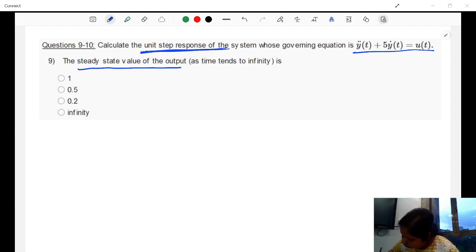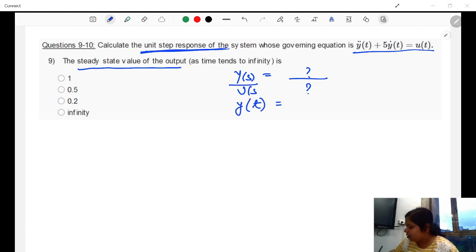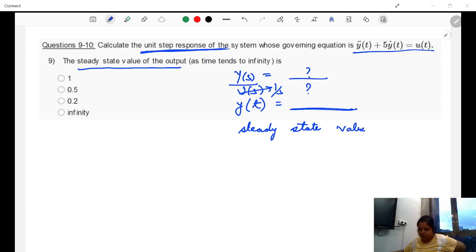So what we want to do is we want to find out Y(s) upon U(s) is equal to, let's say, some transfer function. Then what we want is we want to have y(t) which would have this U(s) as 1 by s, and then we want to have some expression to find out steady state value. So please proceed.